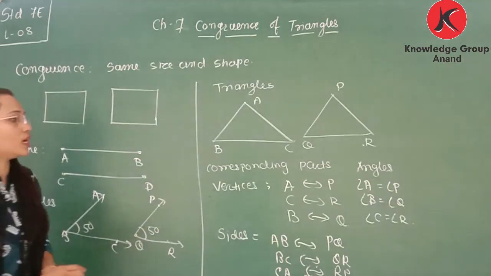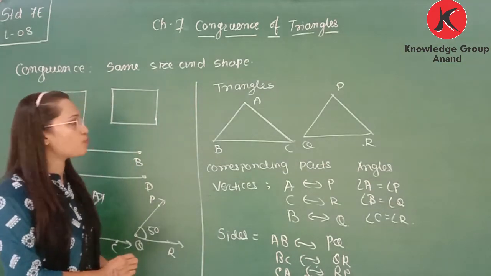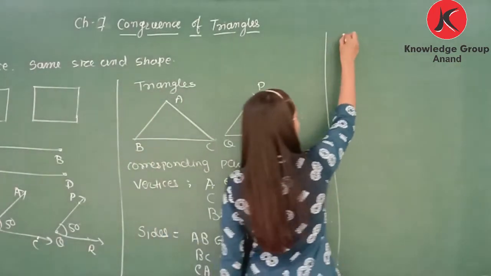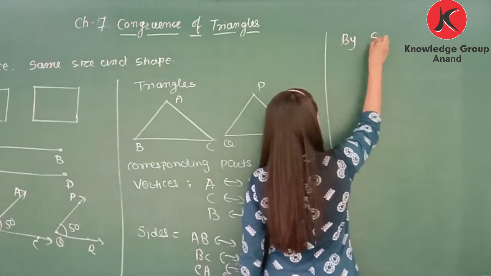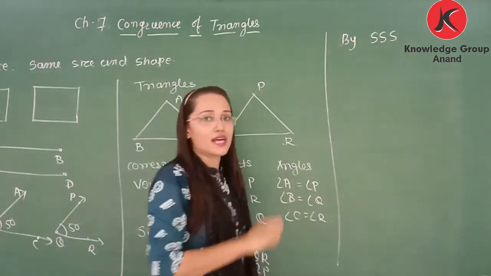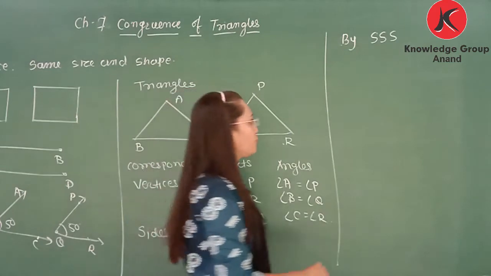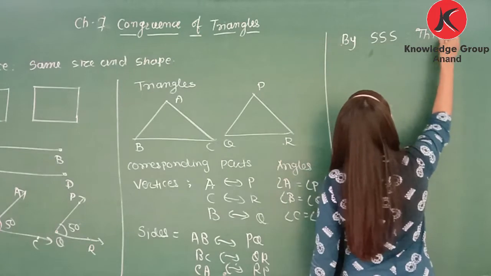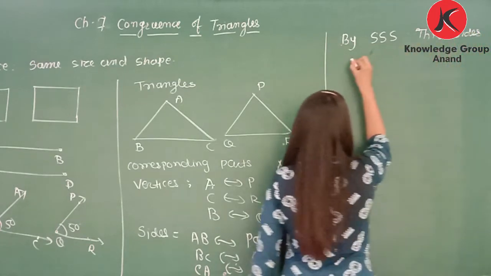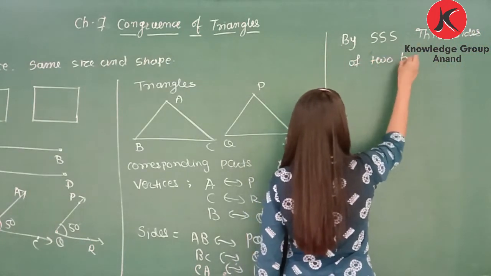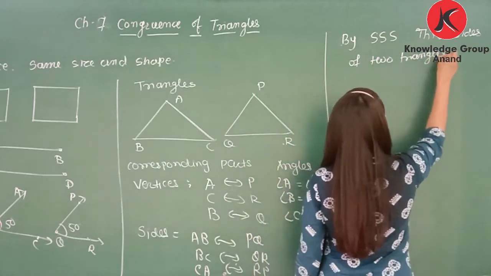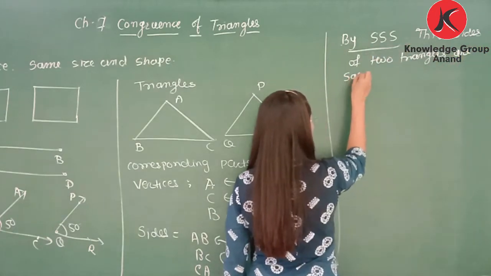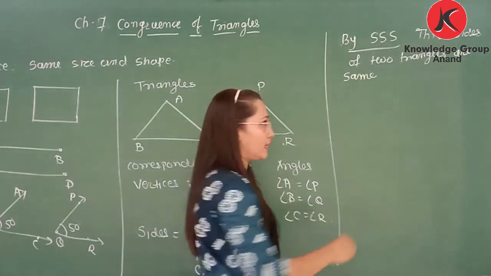Now after that, we learn three criteria for congruence of triangles. Which criteria do we learn? By SSS criteria, side criteria: if the three sides of two triangles are the same, we can apply the SSS criteria.